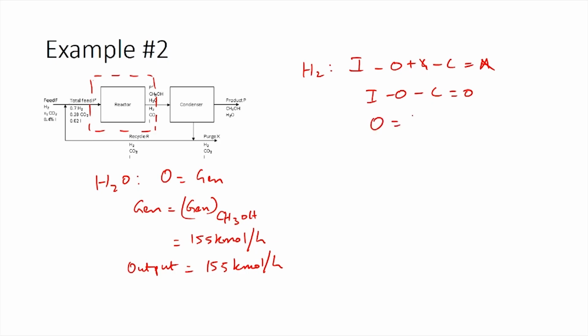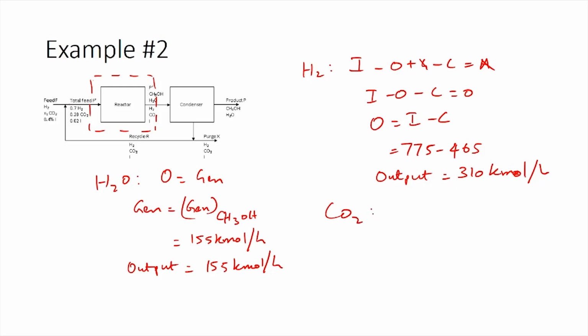So, your output is equal to input minus consumption, which is 775 minus 465. So, your output for hydrogen would be 310 kilomoles per hour.